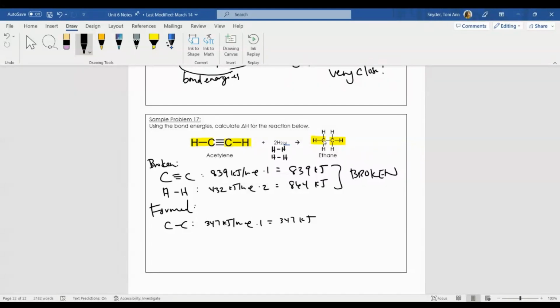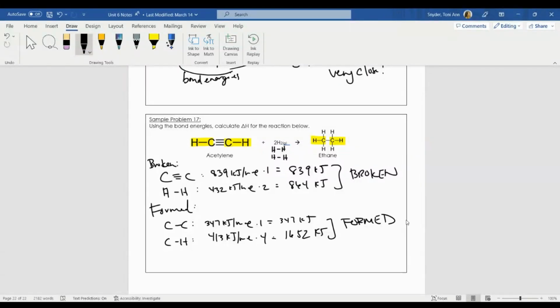I'm also forming 1, 2, 3, 4 carbon-hydrogen single bonds, and those have bond energies of 413 kilojoules per mole, but in this case I'm forming 4 of them. So 413 times 4 is 1652 kilojoules. These are the bonds that are formed.